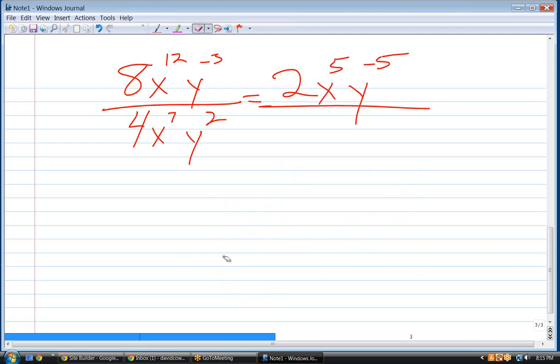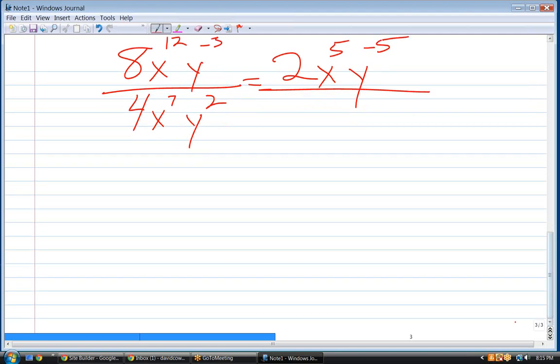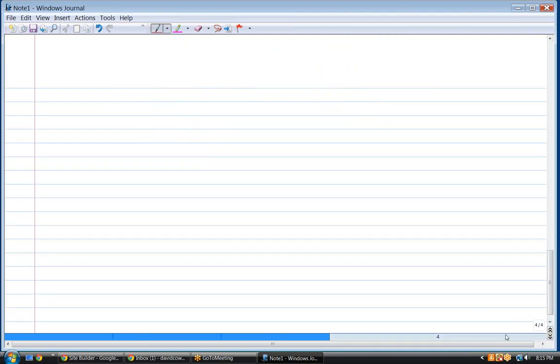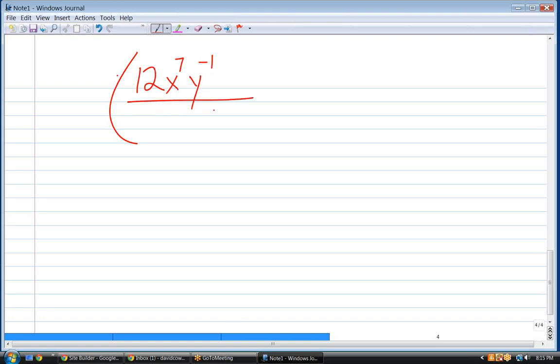This next one seems a little bit more complex. So there's big parentheses and then 12x to the 7th and then y to the -1st all over 3x to the 5th, and then y to the 2nd, and then close parentheses, and that's squared.